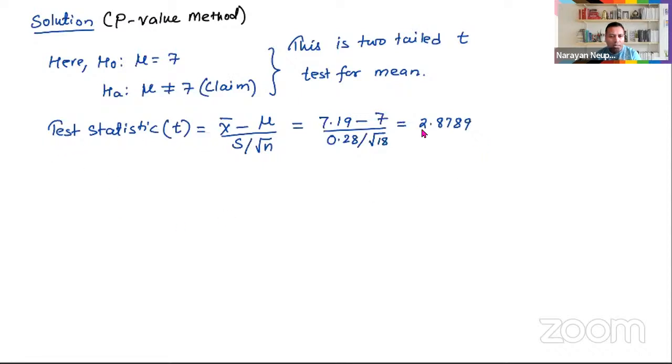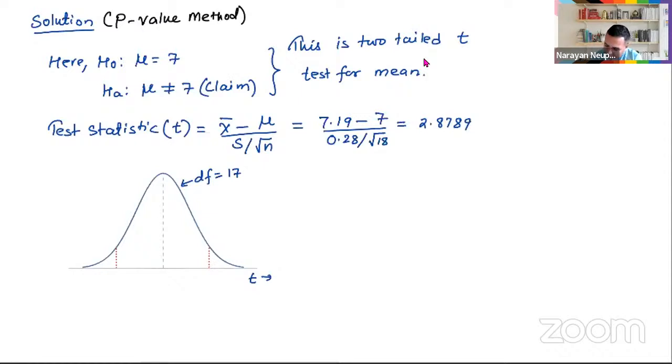Once you get the test statistic, the next step in the p-value method is to determine the p-value. So we are going to draw this t-distribution and find that p-value. Suppose this is my t-distribution with the degrees of freedom equal to 17, because the sample size is 18. We also know that this is a two-tail test, meaning the rejection region is on both tails. So we are going to show that on two tails.